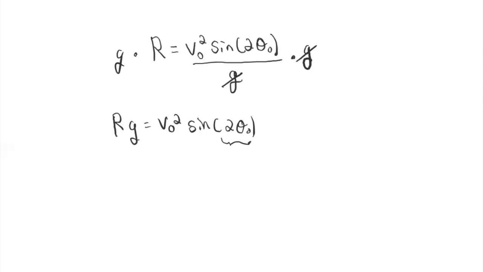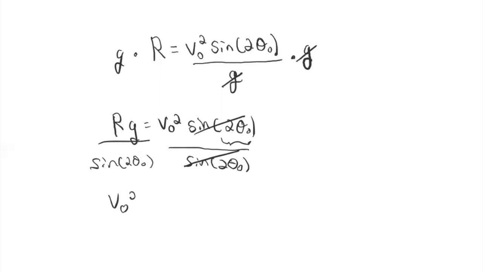So I'm going to divide both sides by sine of 2 theta naught. Then I have v naught squared is equal to rg over sine of 2 theta naught.